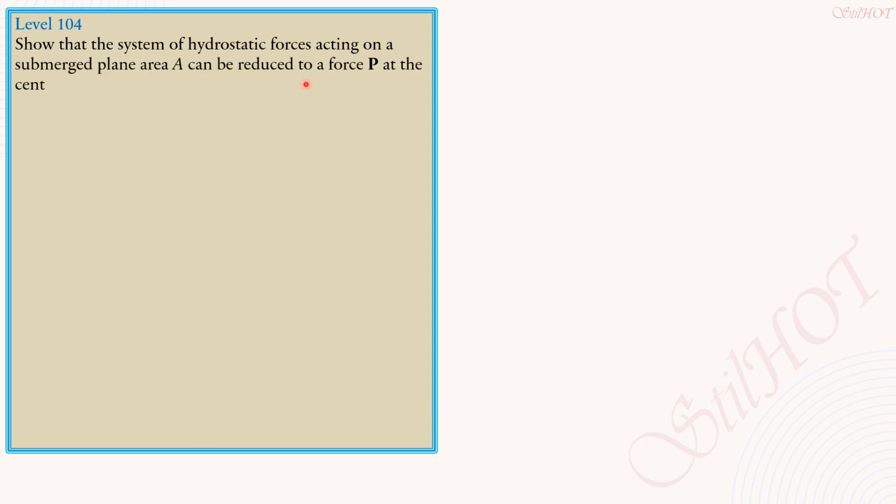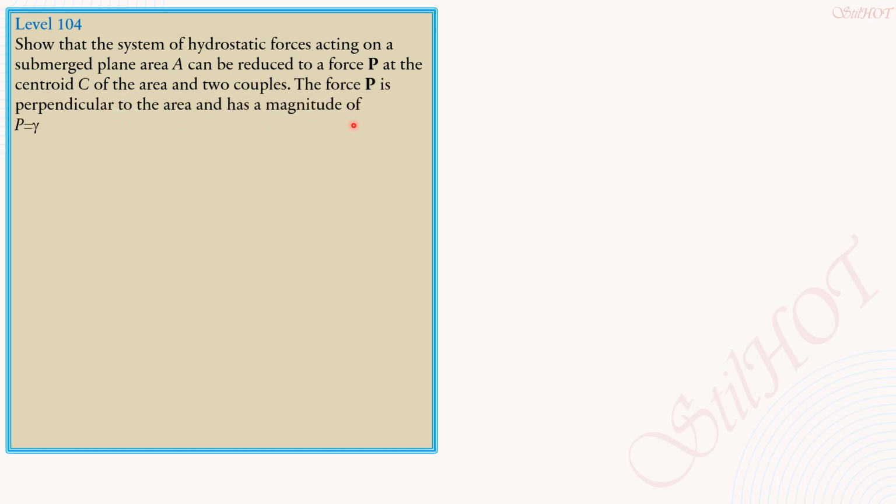Show that the system of hydrostatic forces acting on a submerged plane area A can be reduced to a force P at the centroid C of the area and two couples. The force P is perpendicular to the area and has a magnitude of P equals gamma A y bar sine theta, where gamma is the specific weight of the liquid.